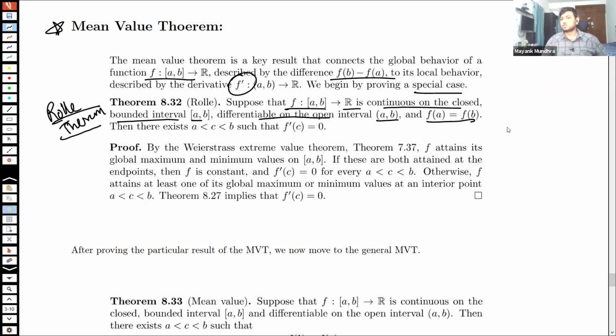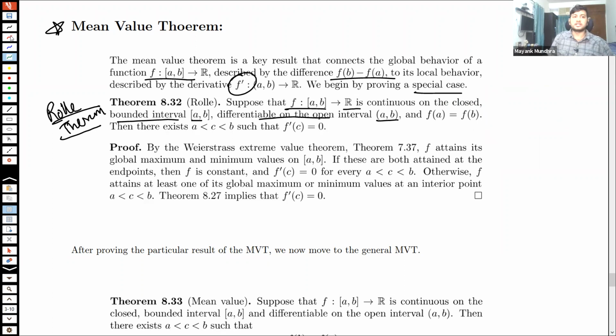So suppose this is a and this is b, then the function could look like this, or like this, or it could even be horizontal, or a very oscillating type of function. The point is that at a and b, the functional values need to be the same. This is the only condition that Rolle's theorem requires, that f of a must be equal to f of b.